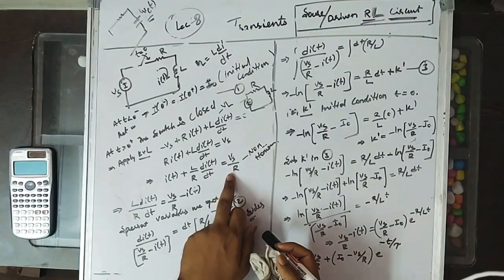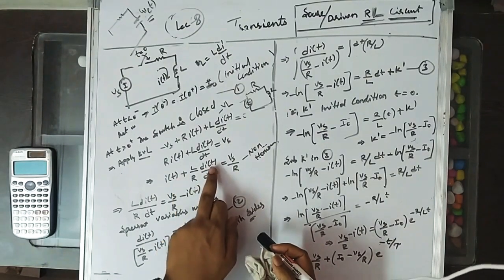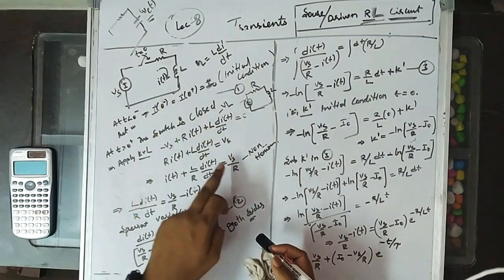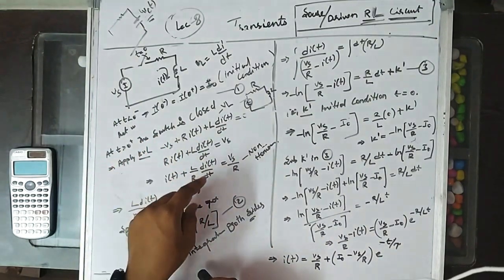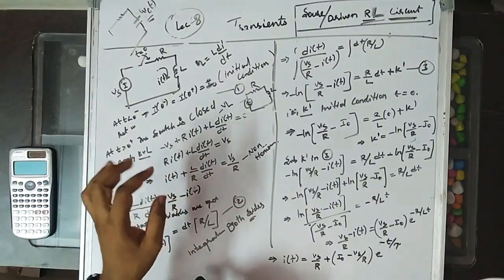This is a non-homogeneous equation. So the differential change in current of that inductor will give two responses, the natural response and the forced response, which we have to find now.